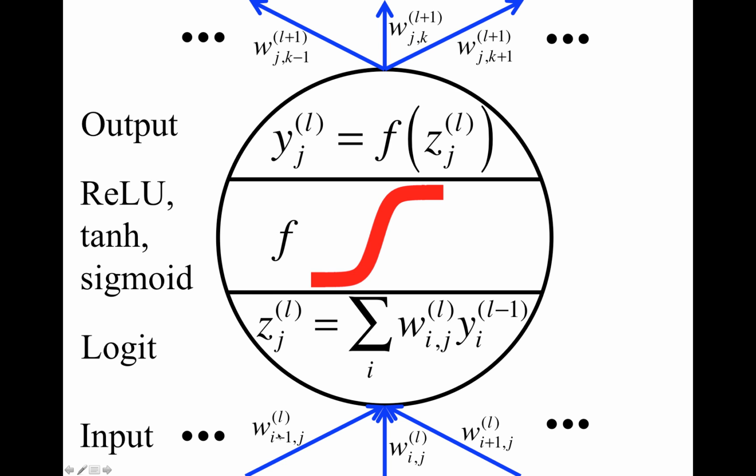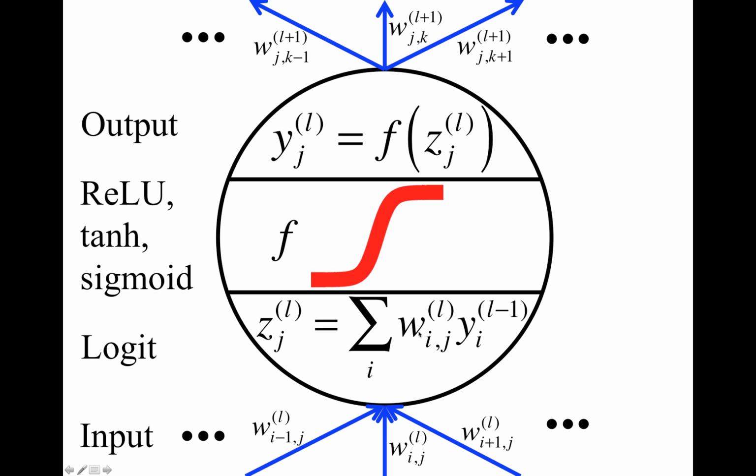Those weights are associated with the connections, and each connection depends upon the layer, and then the neuron that's in the lower layer, and then the neuron index that's in the upper layer.